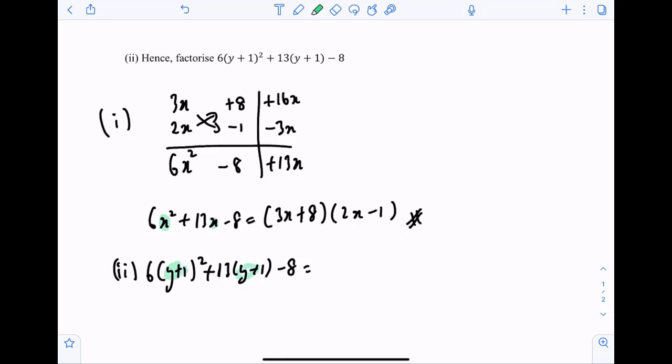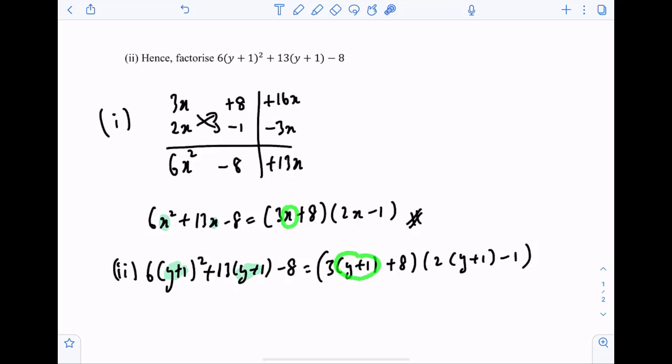So same thing in our factorized answer. Instead of writing x, we write y plus 1: (3(y plus 1) plus 8)(2(y plus 1) minus 1). So if you notice, all the x's have been replaced with y plus 1. The other terms all remain the same.